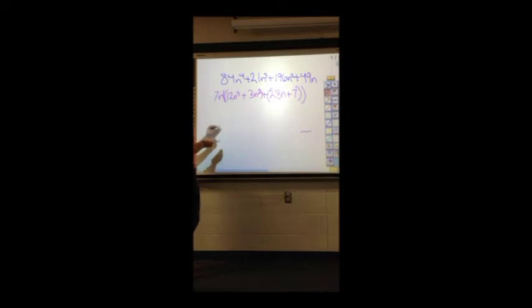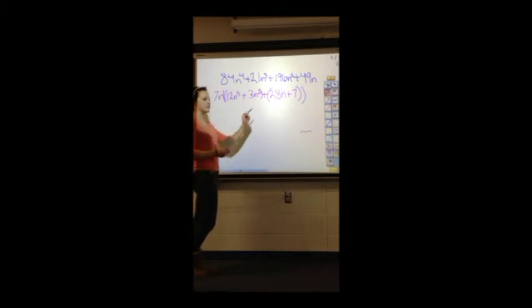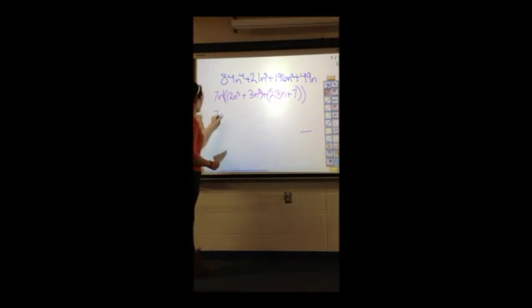Alright, so from this point, we're going to look at each of the groups of numbers and see if there's a greatest common factor between the two. So in this first group, 3n squared is going to be the greatest common factor between them. So you're going to write the 7n again, and then write a bracket to differentiate between the two different greatest common factors.